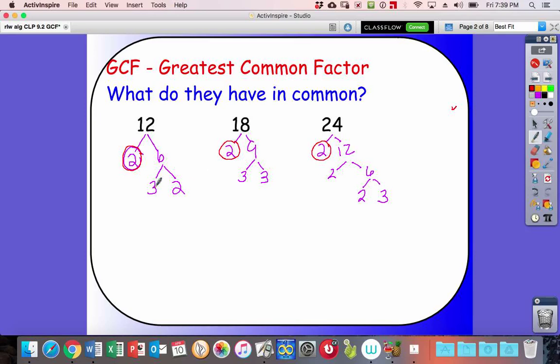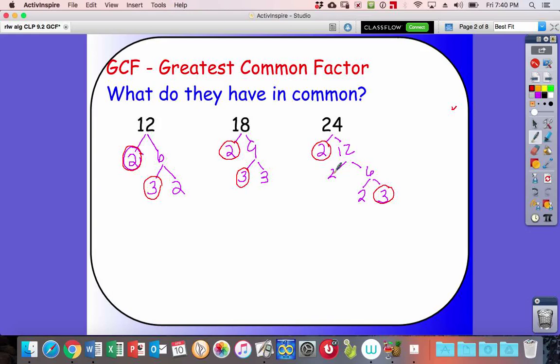I'm going to come over here and look at this 3. Is there a 3 in here and in here? Yep. I'm going to circle the 3, 3, and 3. My next one is 2. Does everybody have a 2? Well, I've already used that 2. This one does not have another 2, so I'm done.